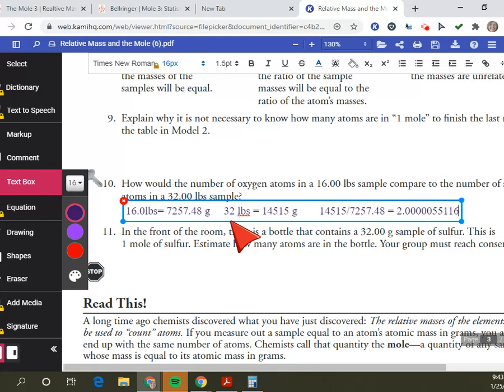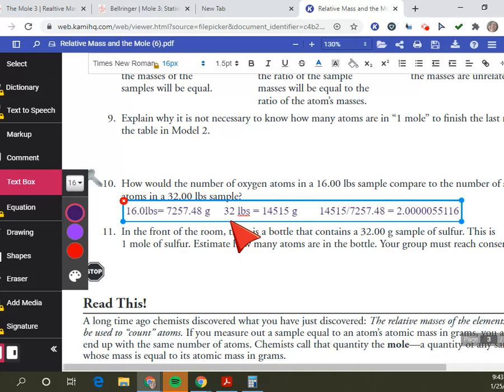So I'm still going to have a 1-to-2 ratio. So the number of atoms are still going to be the same. So just kind of confirming, making sure the ratio of the number stays the same. The mass ratio stays the same as well.